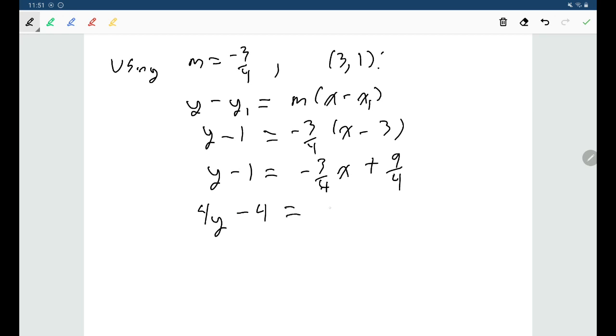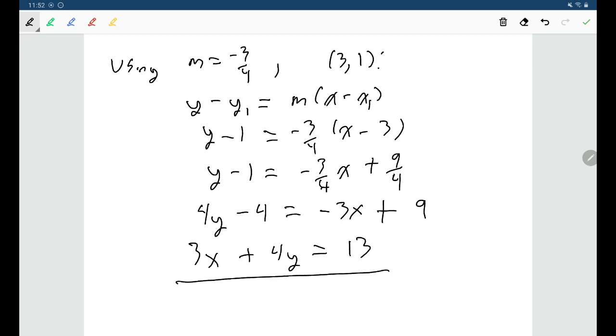So on the right side, 3/4 x, when you multiply it by 4, leaves us just with the -3x, and 9/4, when I multiply it by 4, just leaves me with 9. And so now I can bring the x's and y's all onto one side and bring my constants to the other. And so now I've got the equation of my line, 3x plus 4y equals 13.